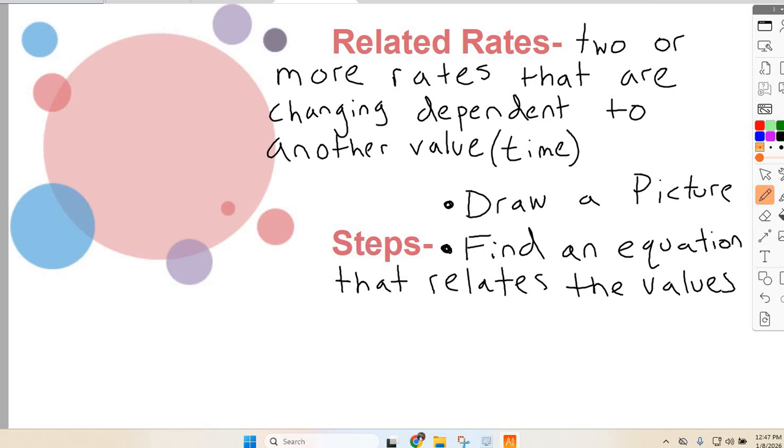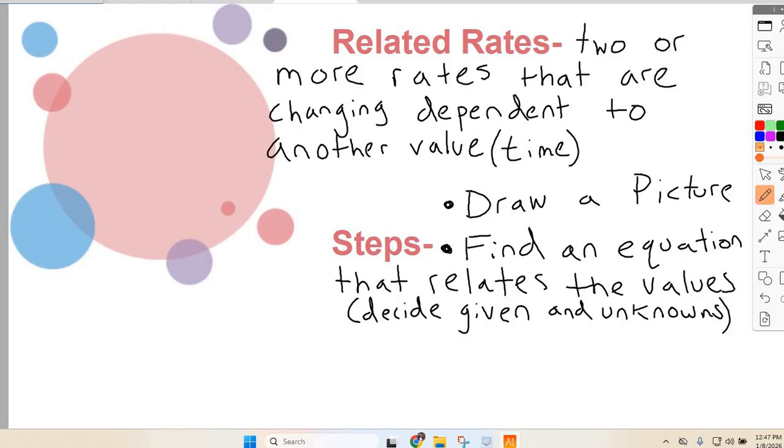So kind of within this, we need to decide what those values are. So we need to decide what is given and what are unknowns, or what they're asking for.